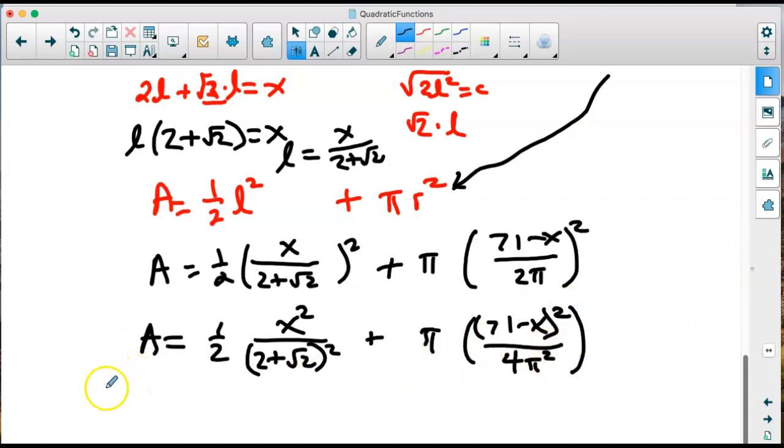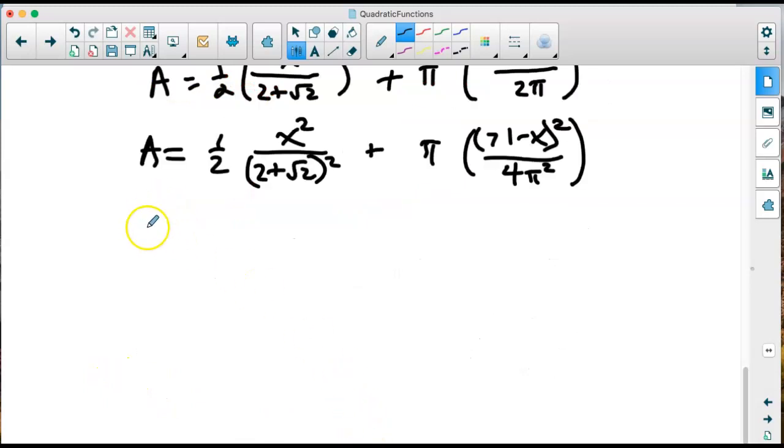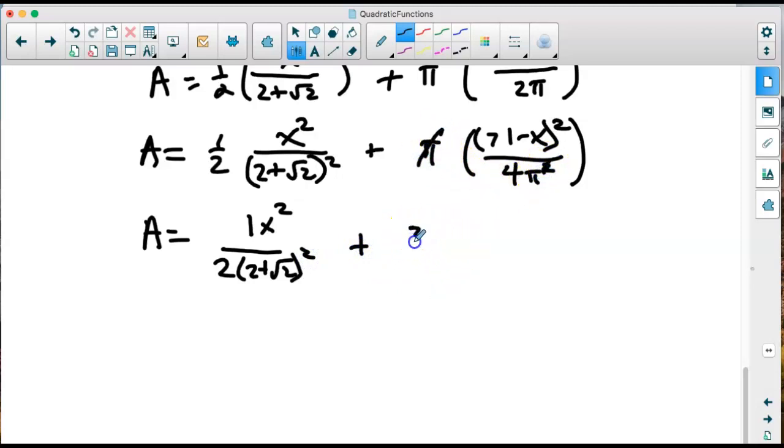So let's rewrite this. This is a mess as a problem. So I have x squared over 2 plus the square root of 2 squared, plus, now one of these pi's is going to drop out, so I'm going to have 71 minus x to the second power, and then this is going to be 4 pi down here.